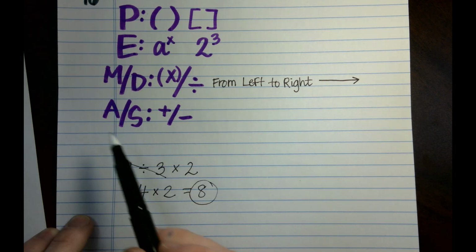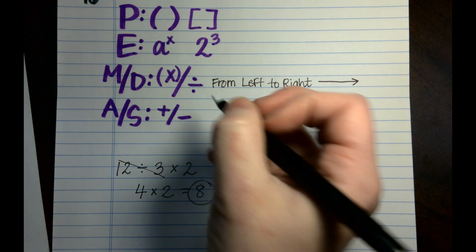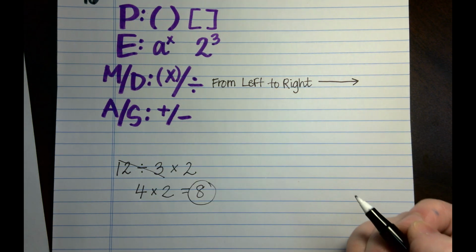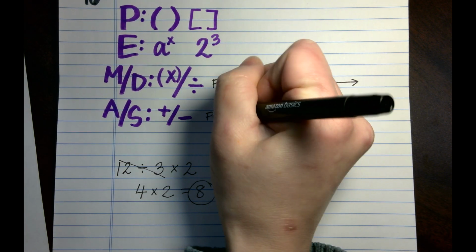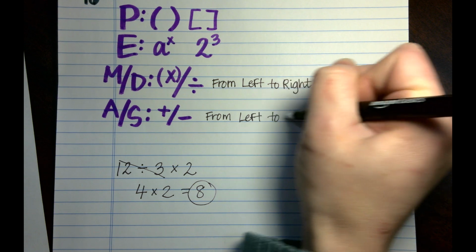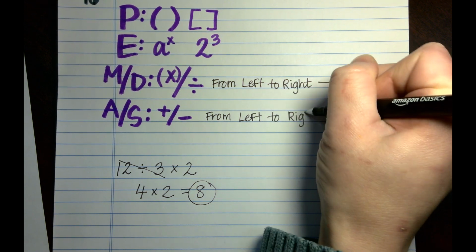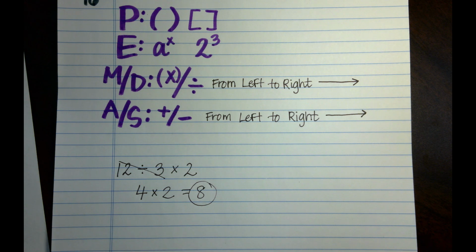Now let's look at addition and subtraction. It's the same thing. It's not addition first, then subtraction. It's left to right. That's important because it gives us a different answer sometimes.